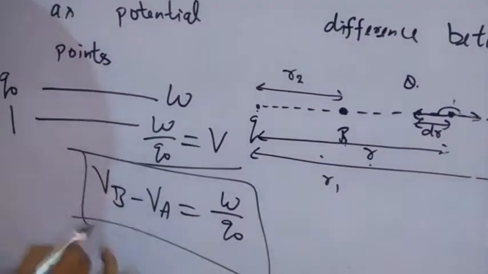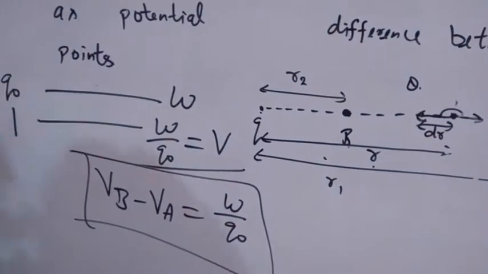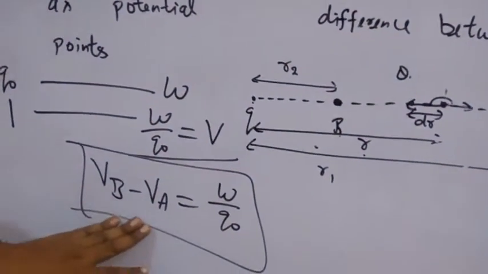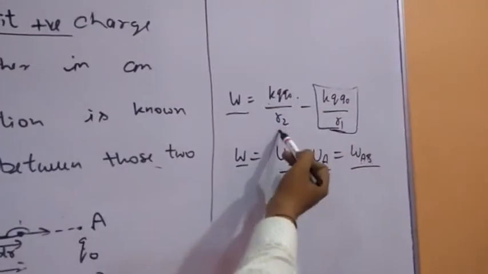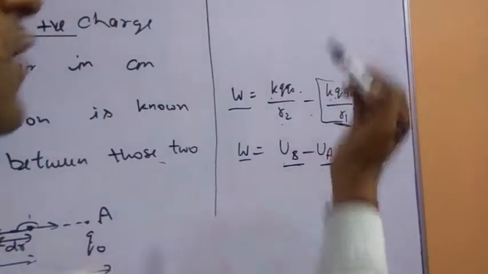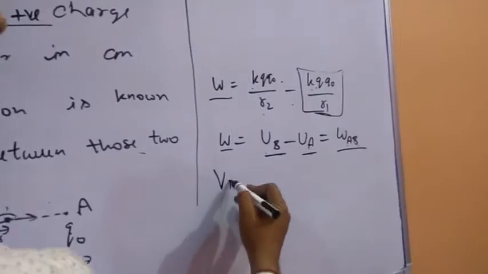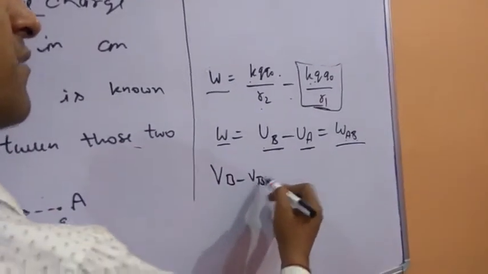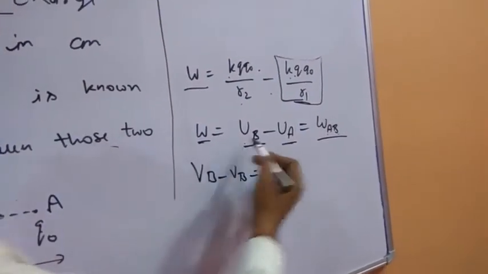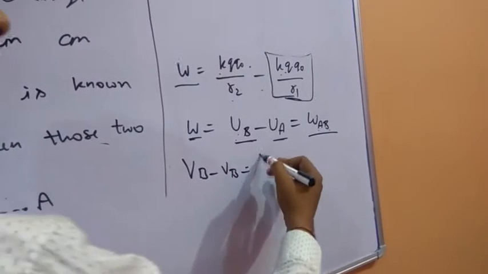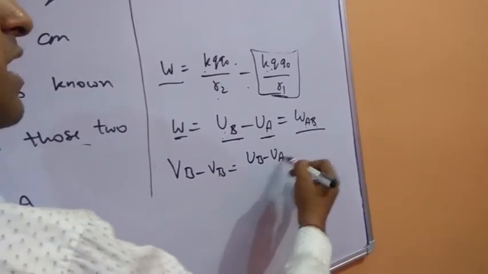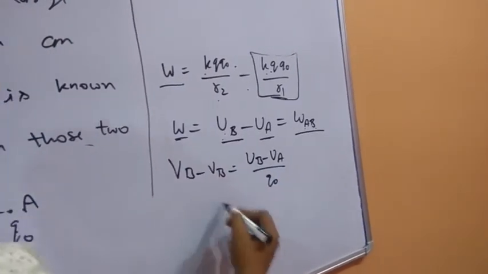This is known as potential difference. So if I take potential difference, as we know, W was KQ Q naught by R2 minus KQ Q naught by R1. So what is VB minus VA? That is equal to UB minus UA by Q naught.